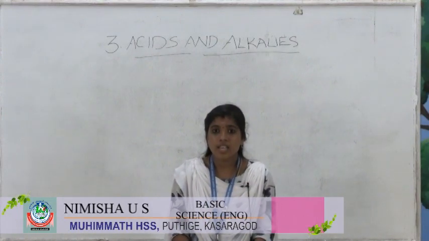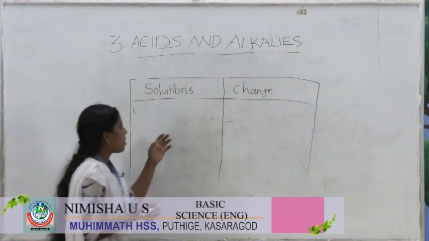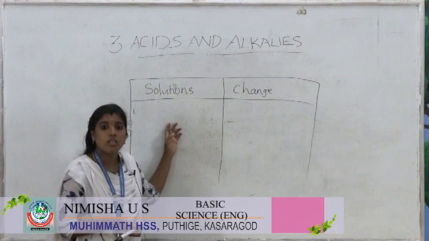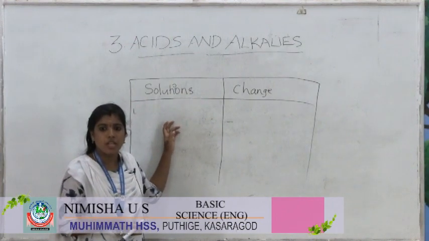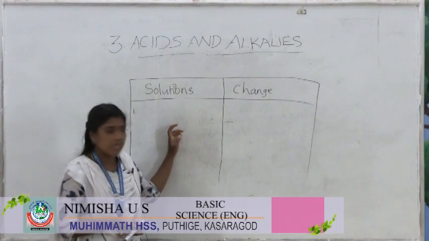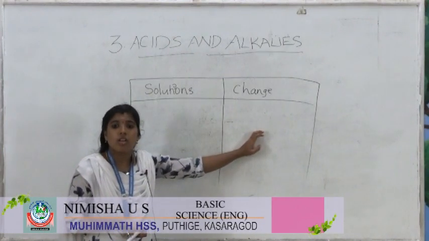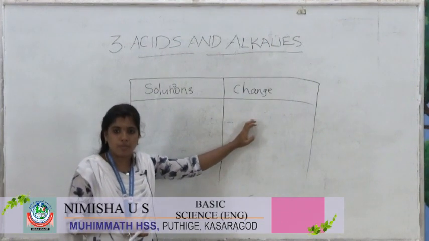So, let's look at the questions that we got from the experiment. The first column, in this table we have to write the solutions that are used for doing the experiment. And the next one is the change of color that was observed during the experiment.